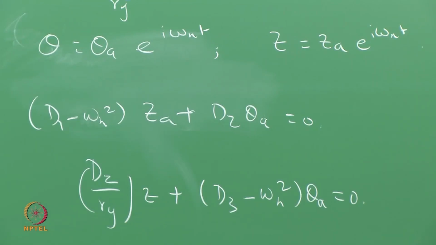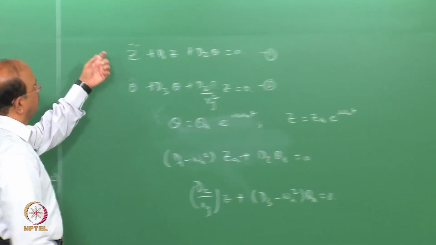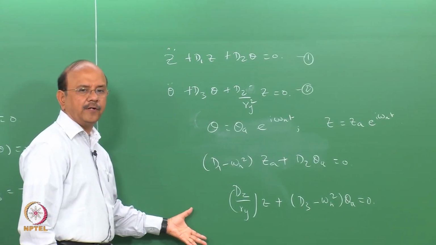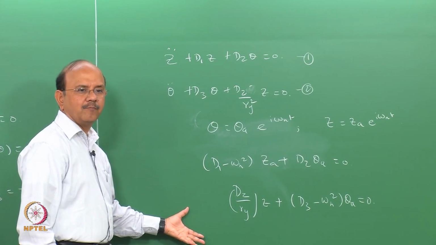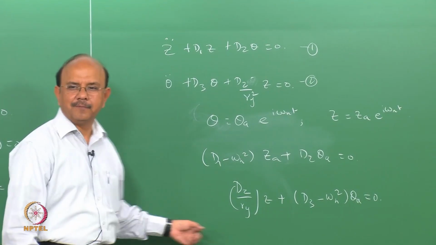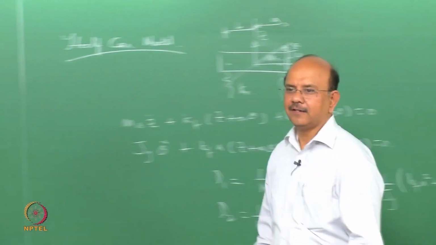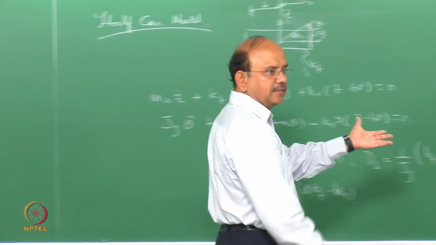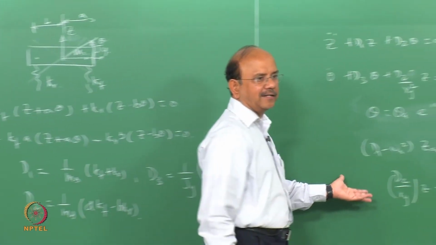So what's the next step? I want to find out the natural frequencies. Nothing difficult, just substitute it. What's the next step? Yes, take the determinant of this. Write down the determinant. There's a characteristic equation.